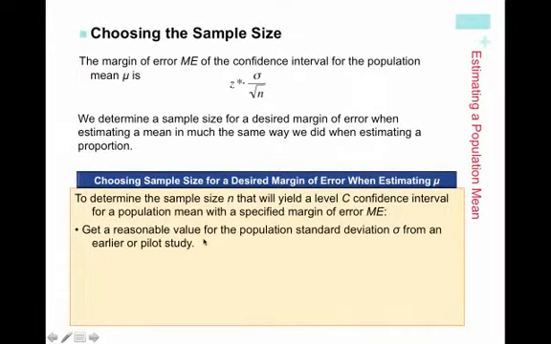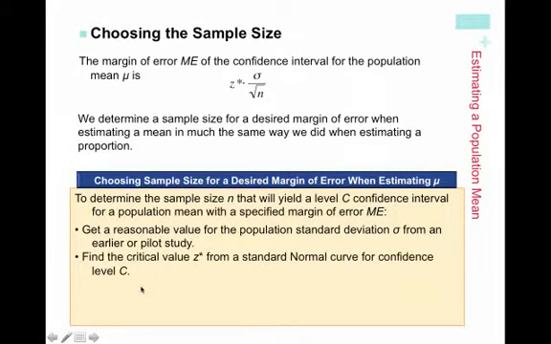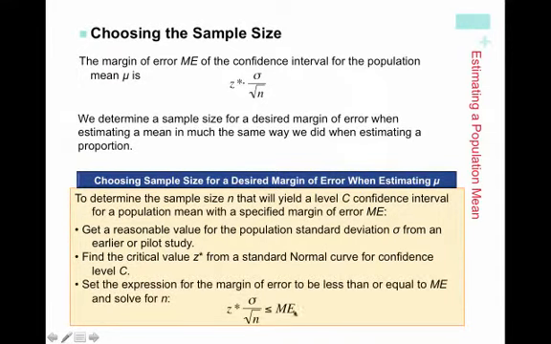We get a reasonable value for the population standard deviation from an earlier or a pilot study, a similar study. And once we have that, we find our critical value, z star, from a standard normal curve for confidence level C. So whatever our confidence level is, that determines our critical value. And we can solve this equation for n to get our sample size.